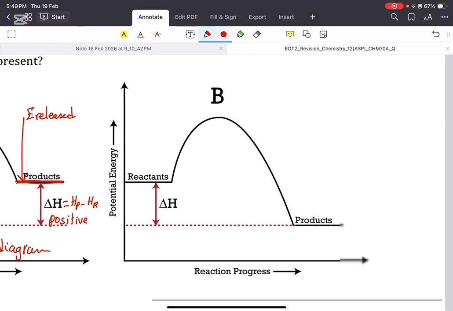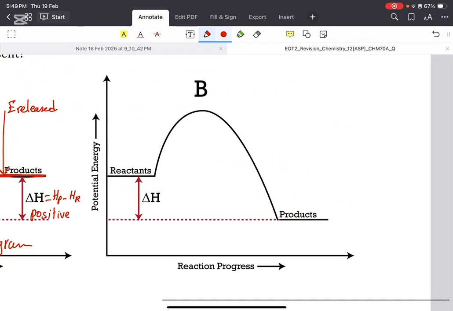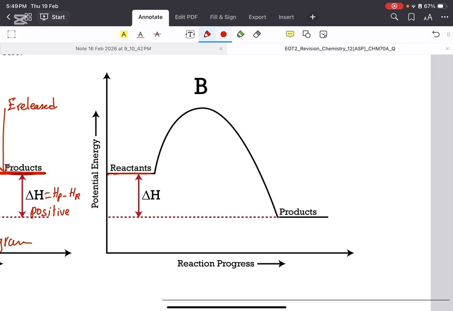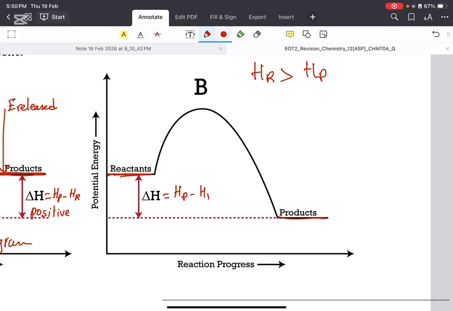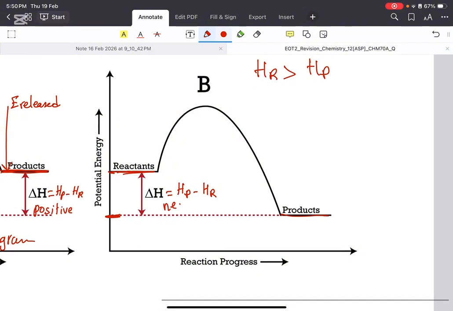in the product. Now when I look at this diagram, the potential energy or enthalpy of the reactants is higher than the enthalpy of the products. If I calculate delta H, it's final minus initial, and the value of the products is less than the value of the reactants, so the answer is going to be negative.